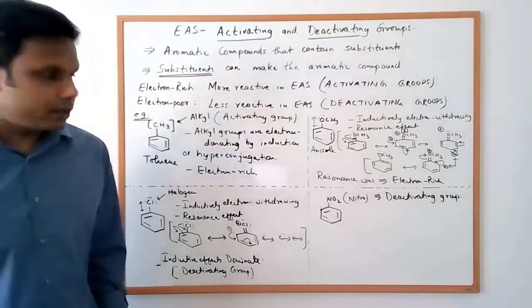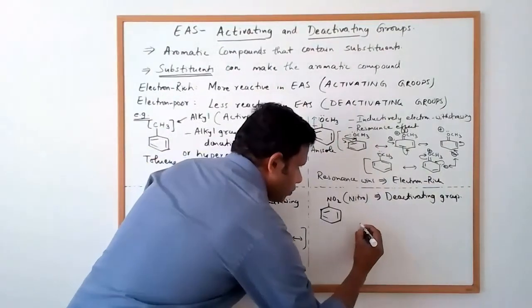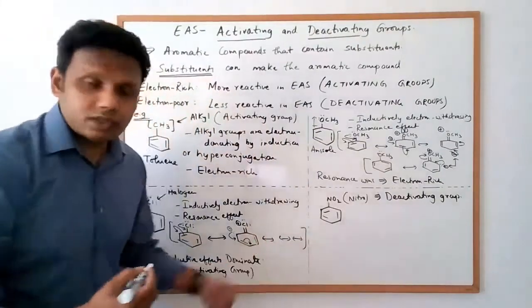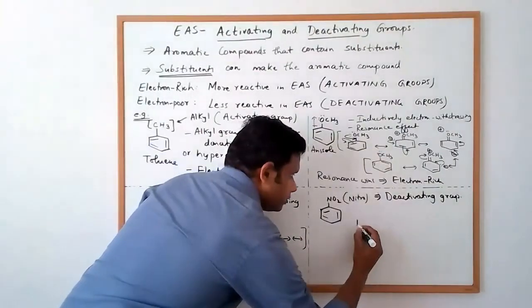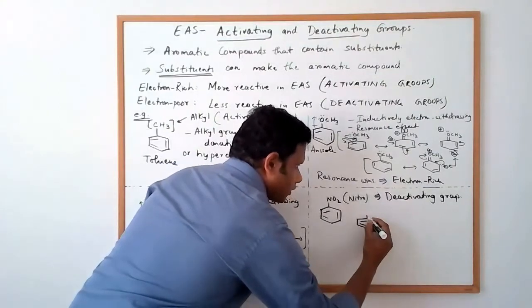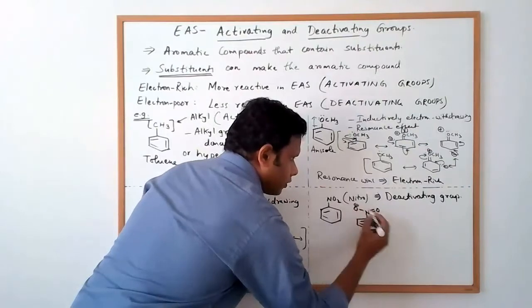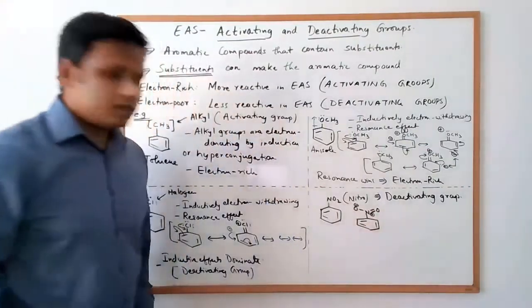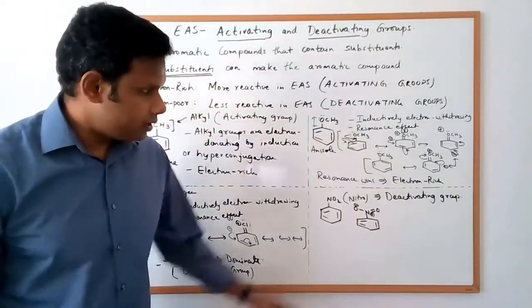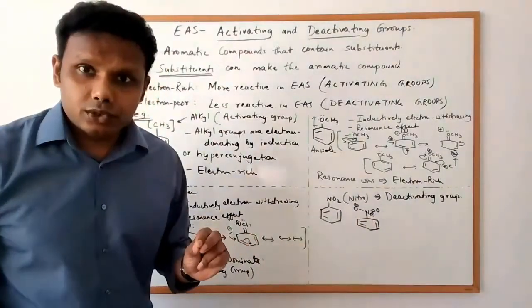It's a deactivating group. And that's because when we look at the Lewis structure for nitrobenzene, what you notice is there's a positive charge on that nitrogen.